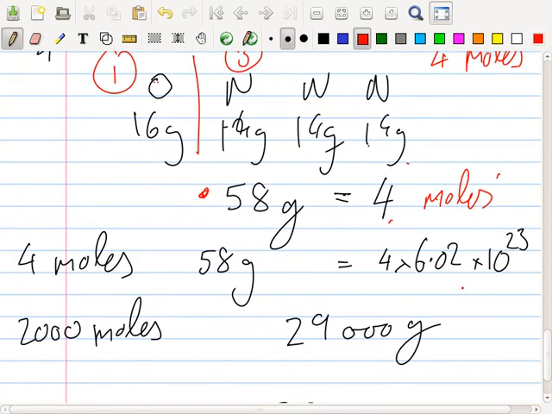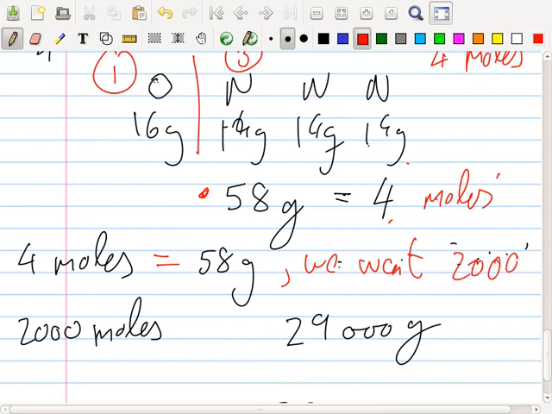I don't actually need this here. You don't have to use this. So 4 moles is 58 grams, but we want 2,000. So I just multiply by 500. Well, how do you make 4 become 2000?